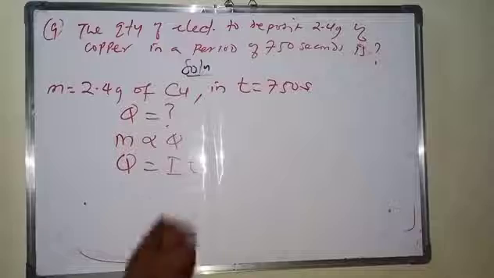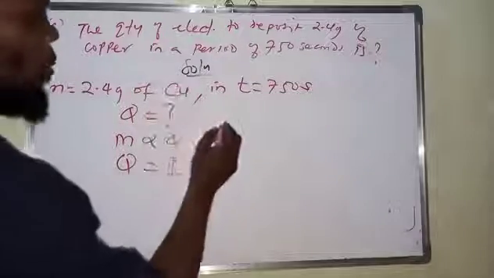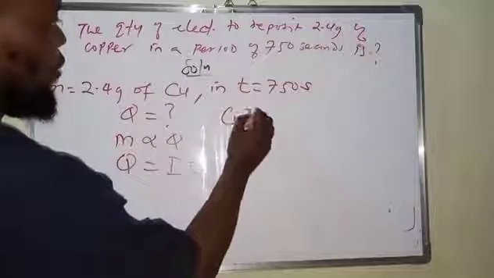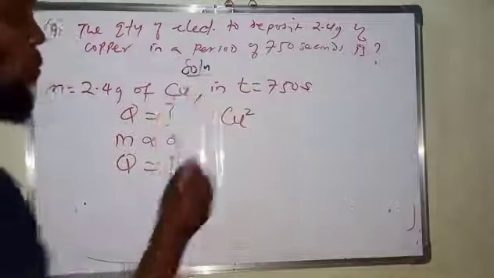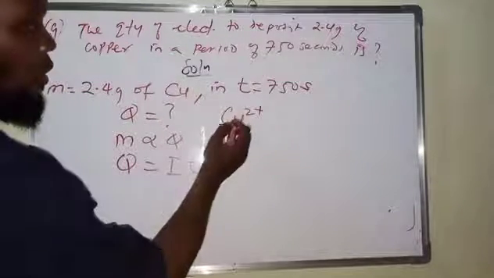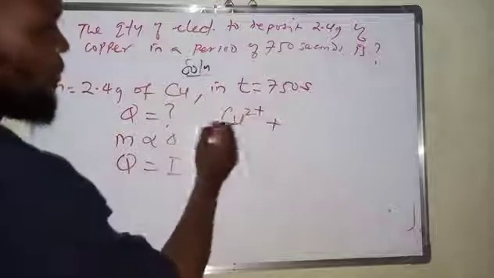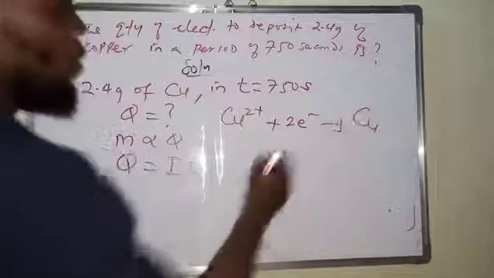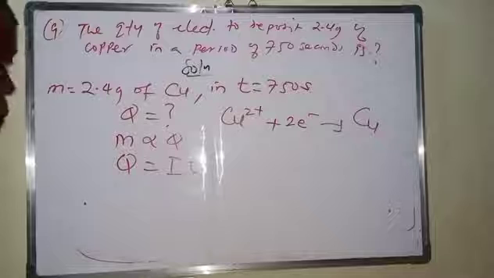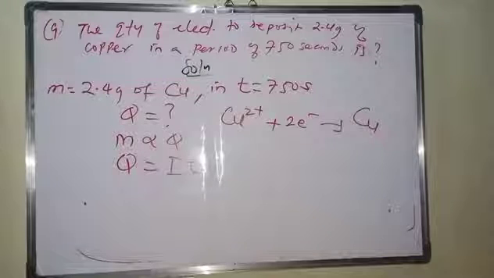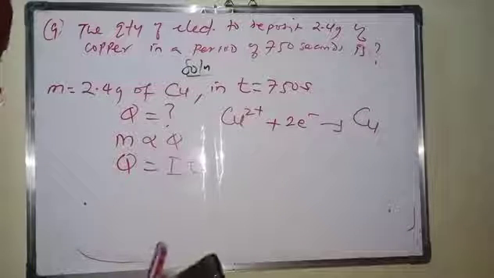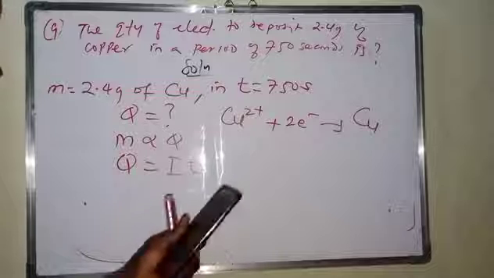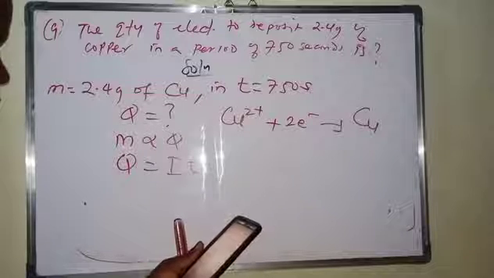For us to deposit copper, it is done at the cathode, where the copper takes up 2 electrons to deposit 1 mole of copper. The relative atomic mass of copper is usually 63.5. Let me see if that is stated in the question.